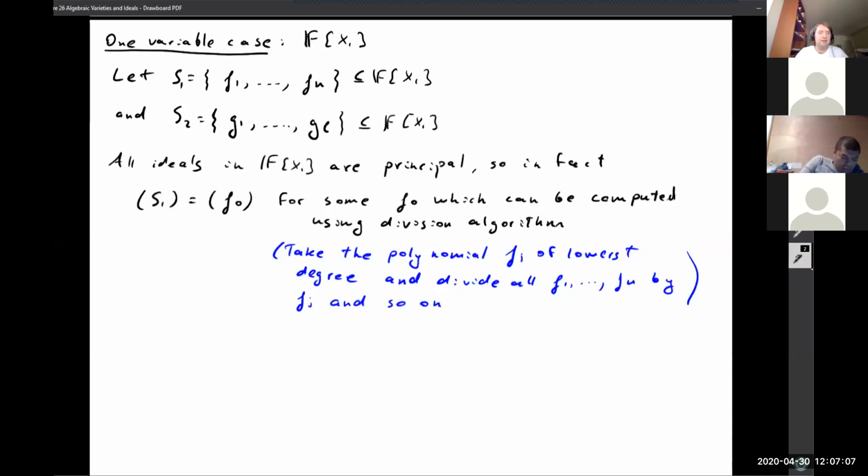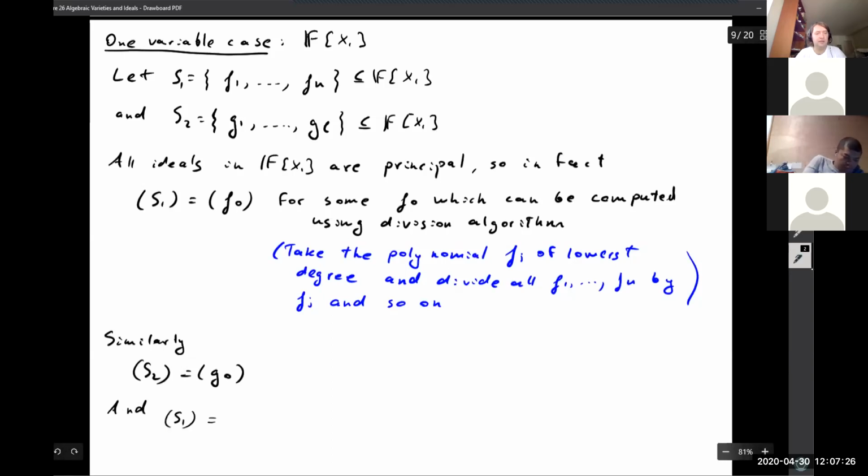Okay, similarly, S2 is again an ideal generated by some G0, and the two ideals coincide, S1 equals S2, if and only if the generator F0 is just a multiple of generator G0 by some C in F minus 0, some non-zero constant.